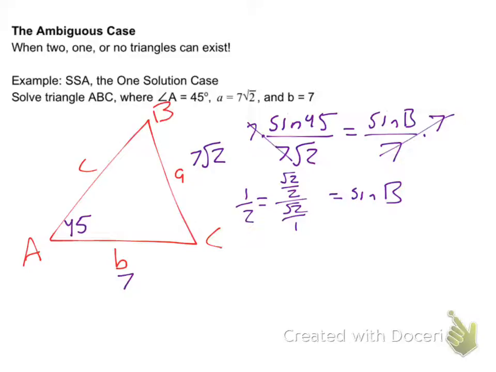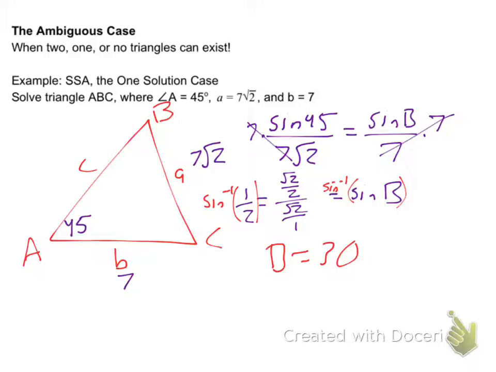How about the inverse sine? Okay, so if you take your calculator out, make sure you're in degrees, because everything else is. You take the inverse sine of both sides, you're like, hey, yeah, B is equal to 30, right? Yep. But we knew that. But here's the problem.